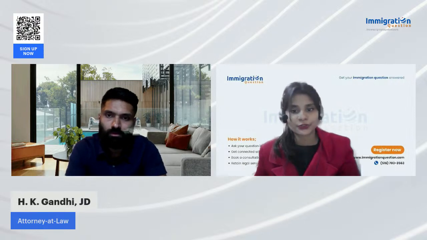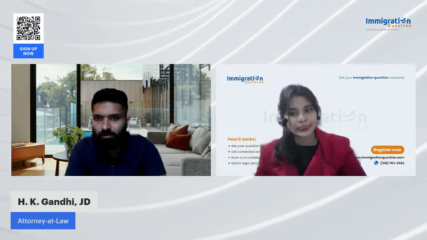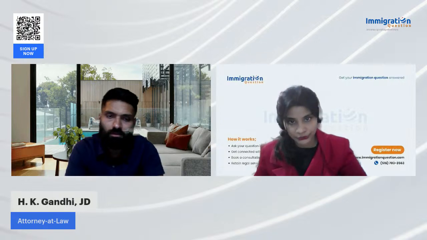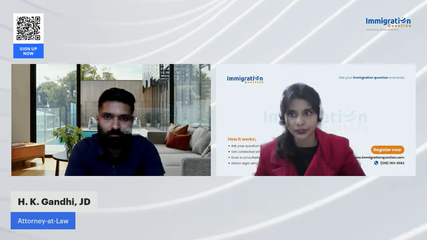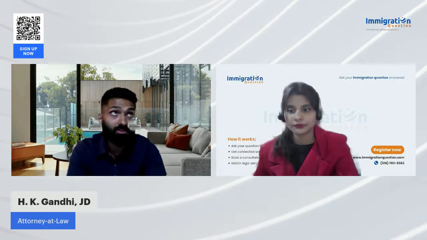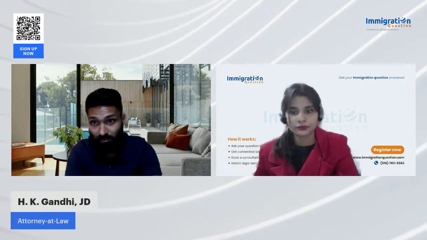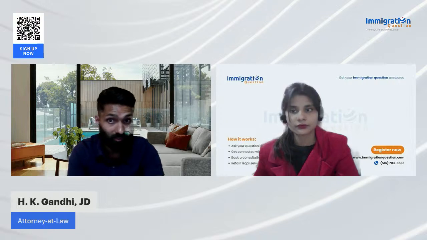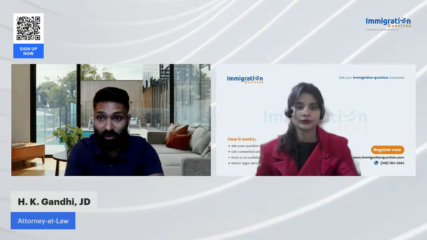Interesting. Thank you so much for the insight. Moving on to our next question. What are the basic eligibility requirements for a spousal visa that covers the two major types of spousal visa? The requirements are essentially the same. The procedure is a little bit different, but mainly, obviously, it has to be a legitimate marriage. You have to legally get married. On top of that, you need proof of the relationship.